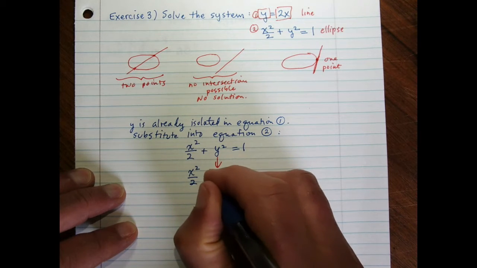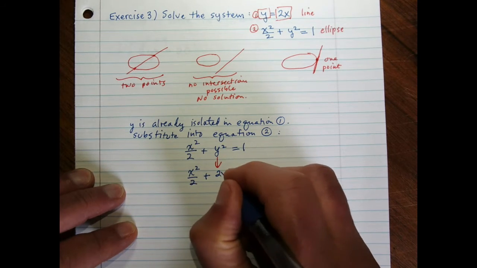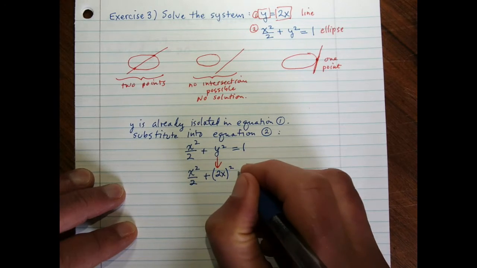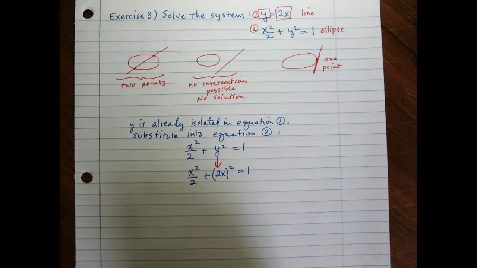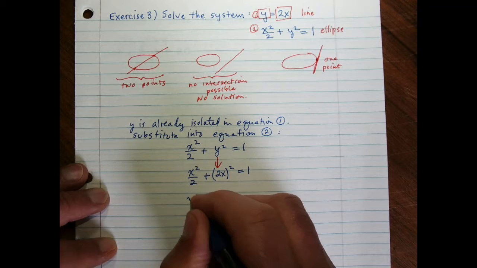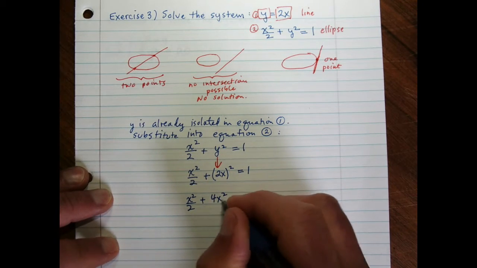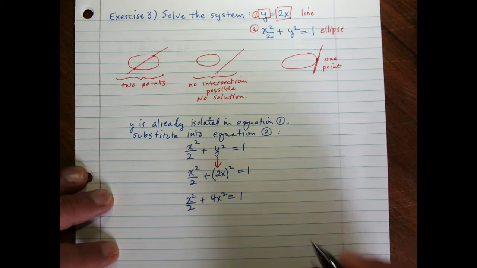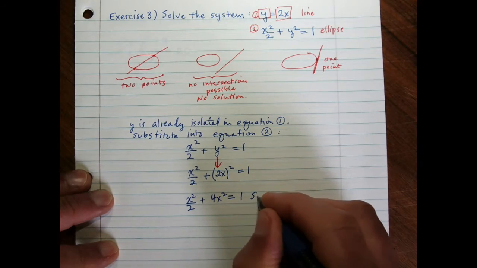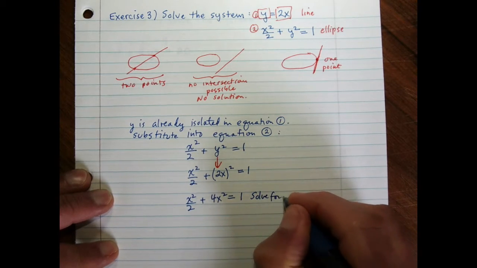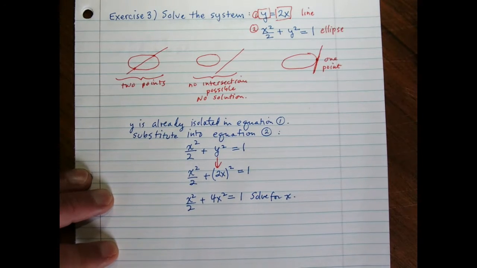Recopy x squared over 2 plus, that's 2x in parentheses squared equals 1. So this actually is x squared over 2 plus 4x squared, when I square the 2x, equals 1. And I'm ready to solve for x. I have an equation in one variable.